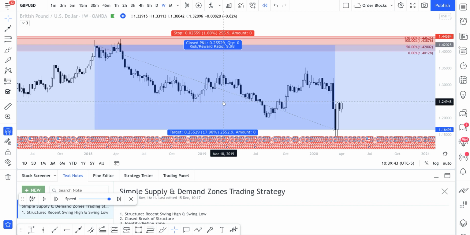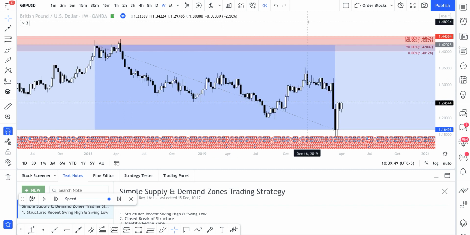This is what I do day in, day out. Not every single order block or supply and demand zone works out. There is no strategy that is 100% except for not to trade. You guys have heard me say that before, and that's the only 100% strategy, is not to trade. But I wanted to share and show you guys the power of supply and demand trading.